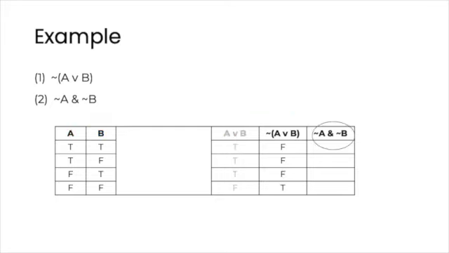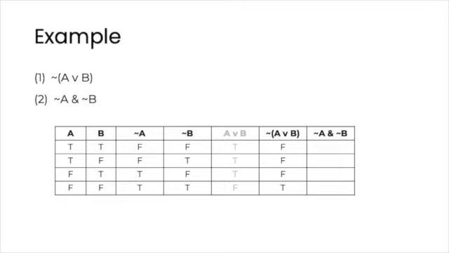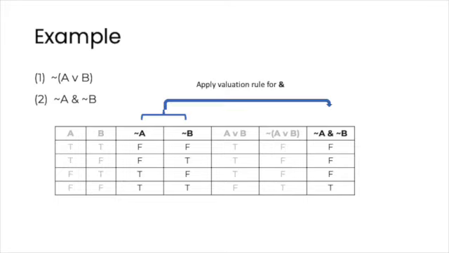Now let's work towards the other member of the pair. Not A and not B are the components, so we devote one column for each. As always happens with negation, we simply invert the values of the column we are negating. Once we have these two columns, we fill in the values for our last column simply by applying the valuation rule for conjunction, and we write T if both columns are T and F otherwise.